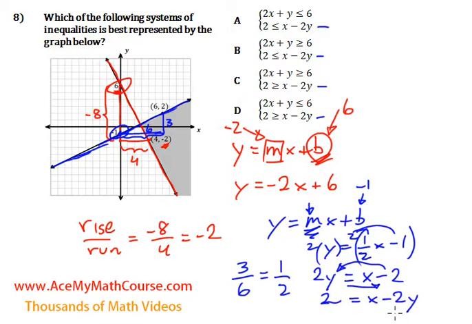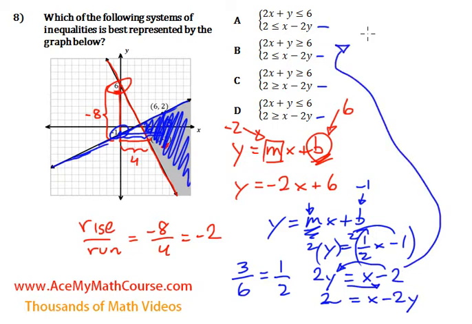Fantastic. Let's now leave this just for a second and consider that we're looking at the area below the blue line. If we had still the 2y is equal to x minus 2, it's always best to look at an inequality when the y is essentially by itself on either side of the equation.